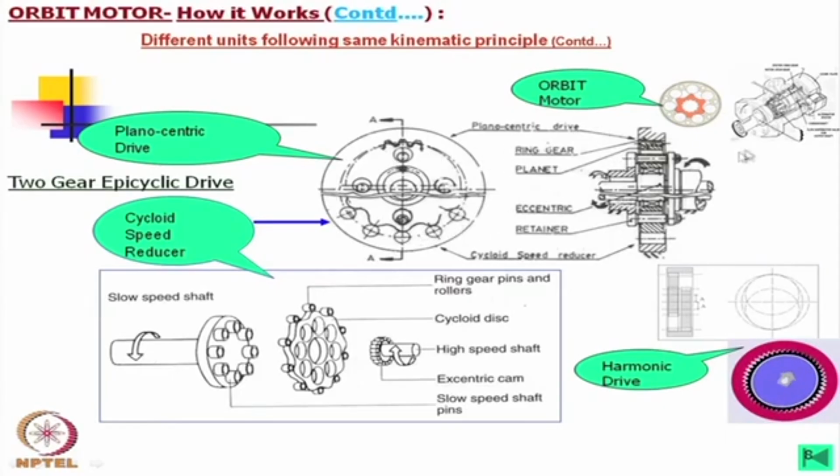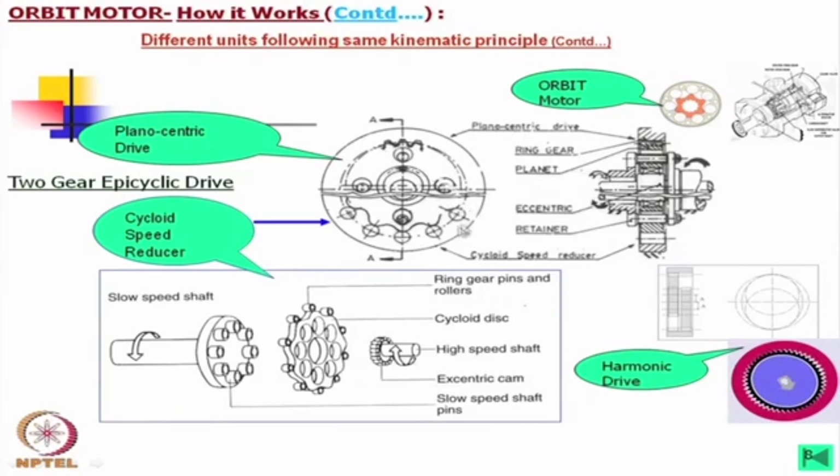Basically the cycloidal speed reducer and the orbit motor principle and tooth generation are more or less the same, only here the planet carrier is different, because the torque is transmitted through the planet carrier. Also, with solid gears, not harmonic drive, we can have another gear drive called the planocentric drive. This looks alike.